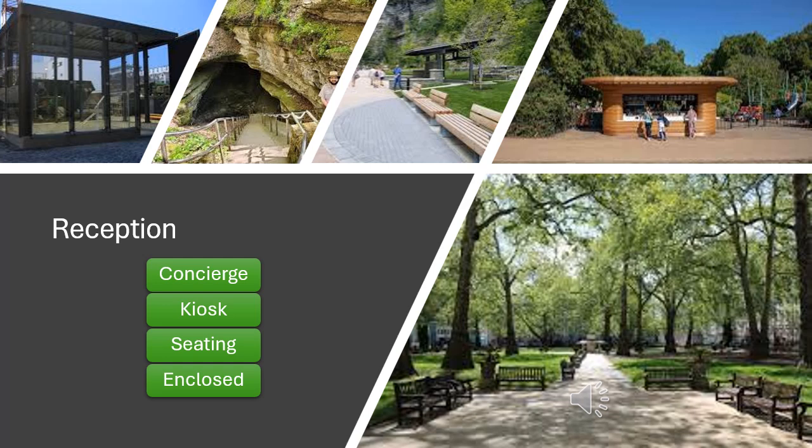Enclosed structures could be a combination of what they call a man trap, where, in a higher security area, the visitor comes in and the door locks behind them and the door doesn't open until they've been cleared.